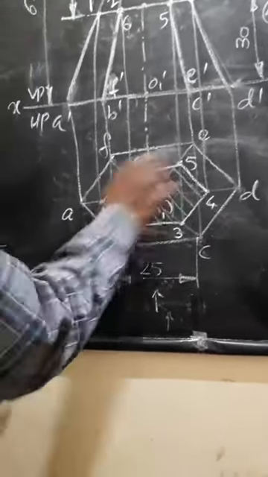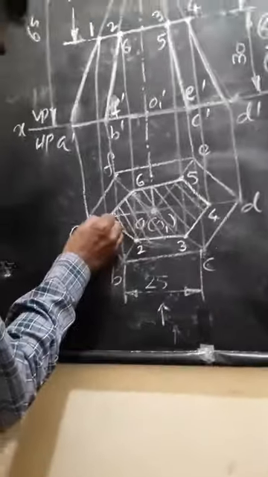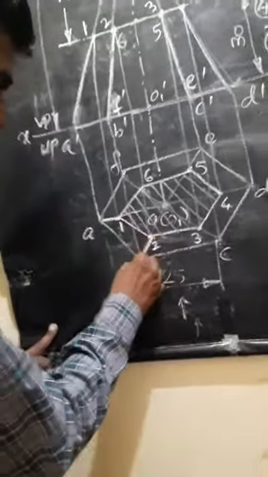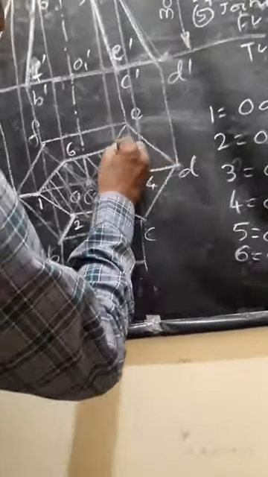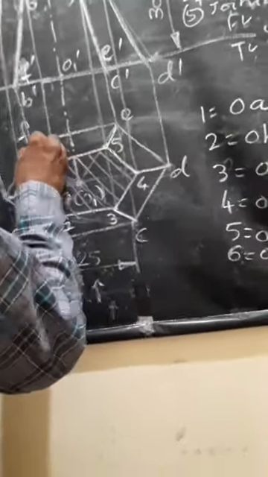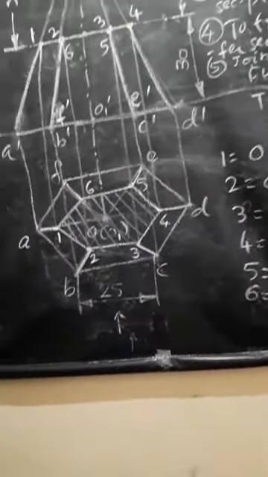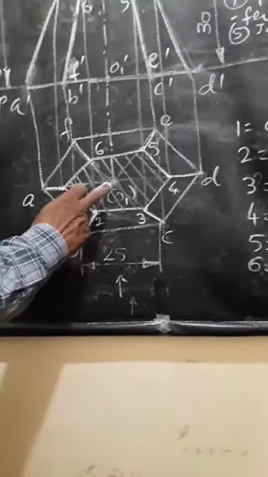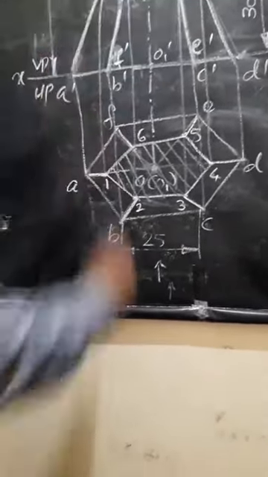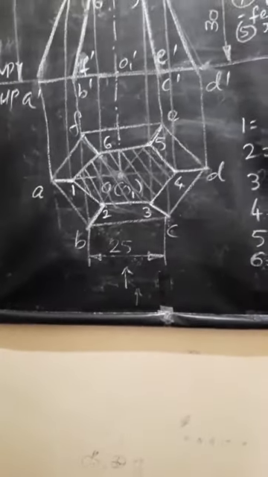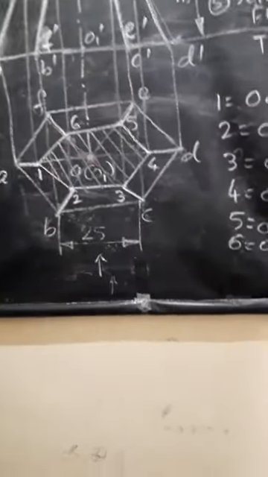After cutting, we can see the lines from 1 to A, 2 to B, 3 to C, 4 to D, 5 to E, 6 to F. So this is the sectional top view and this is the front view. So you have drawn the front view and sectional top view.